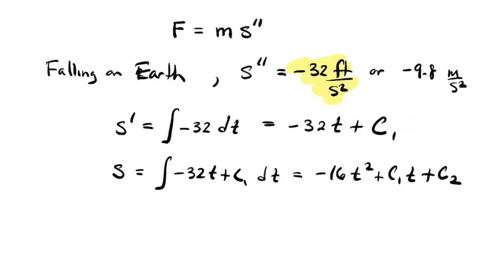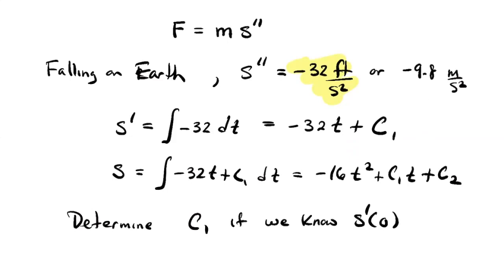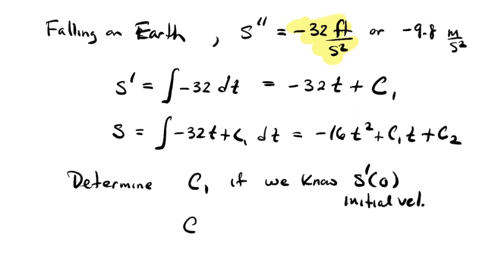Okay, so we could determine c1 if we know, say, s prime of 0, the initial velocity. We can determine c2 if we know s of 0, that is the initial position.